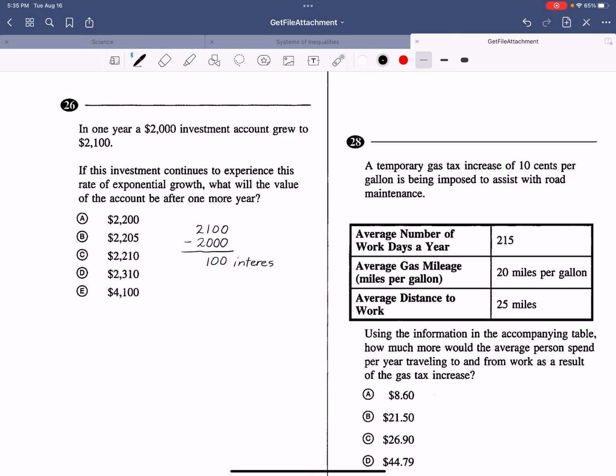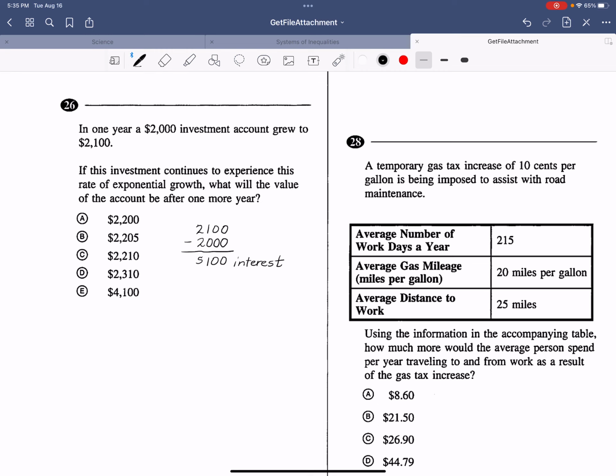So by leaving the money in the account, I gained $100. That's pretty good over the course of a year. Basically, that's money that the bank gave me to leave my money in there for that time.